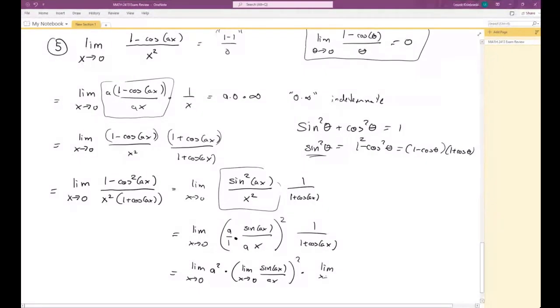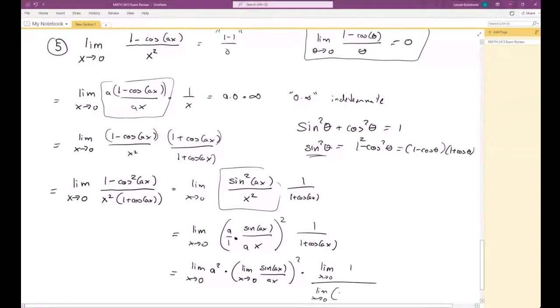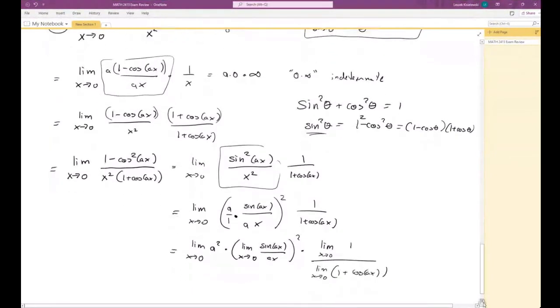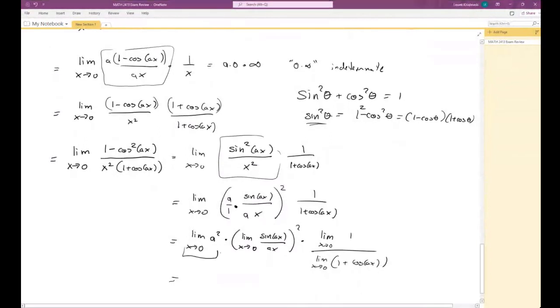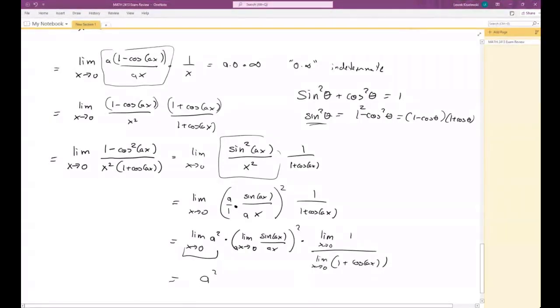I forget how annoying using the limit rules can be. Whatever, okay. At this point, you pretty much know this, so I'm not going to spend too much time. All right, so the limit of a constant is a constant. This gives us our special trig limit. We should say that as x goes to 0, so does a times x.